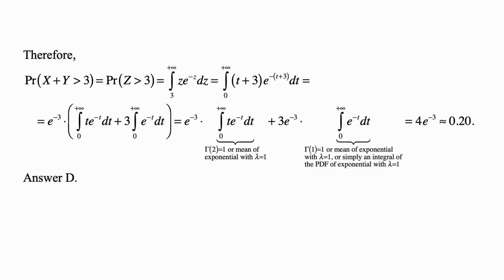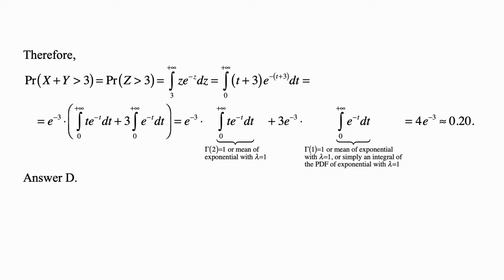We can factor out e to the minus 3 and put it in front of this integral, and then we have the integral from 0 to plus infinity of t times e to the minus t dt, plus 3 times the integral from 0 to plus infinity of e to the minus t dt. So it is e to the minus 3 times this integral from 0 to plus infinity of t e to the minus t dt.